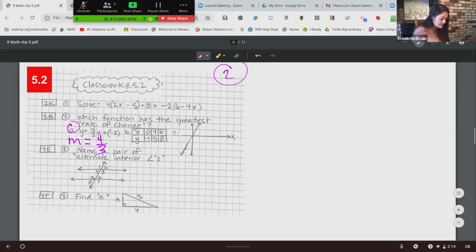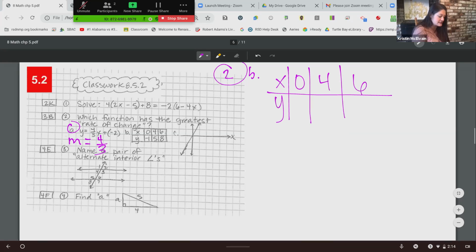Now for B, we have an XY table. So we have X and Y, and we have our, let's see here, 0, 4, and 6 is our X, -1, 5, and 8 is the Y.